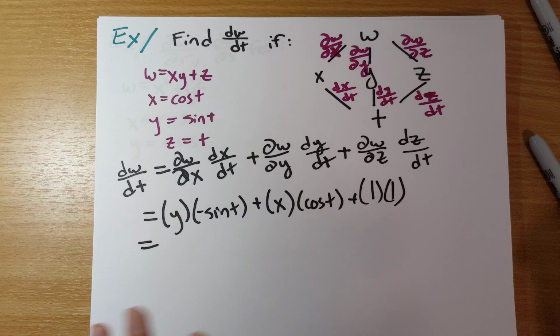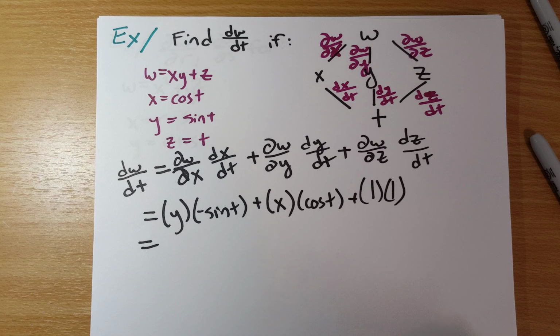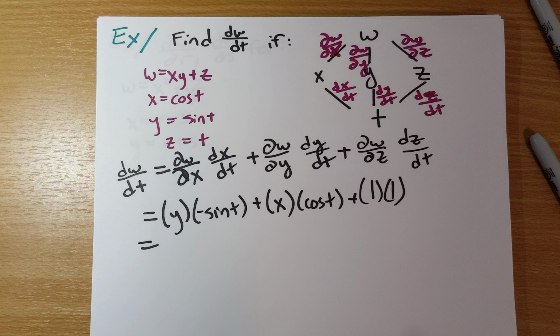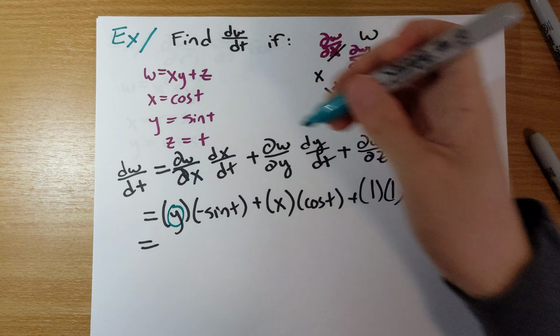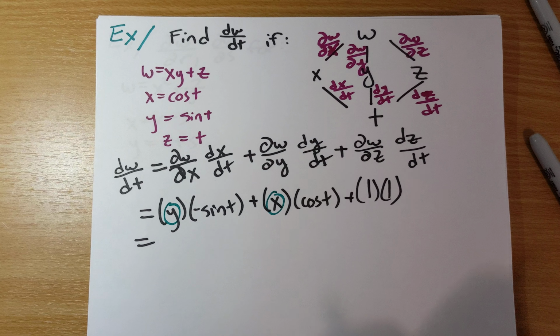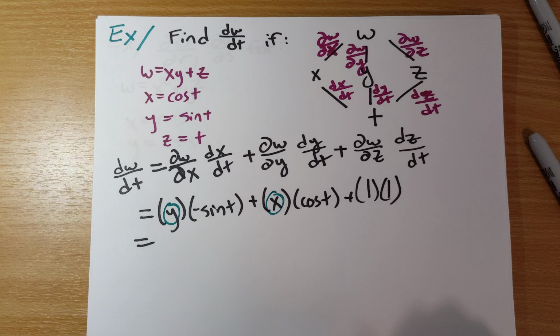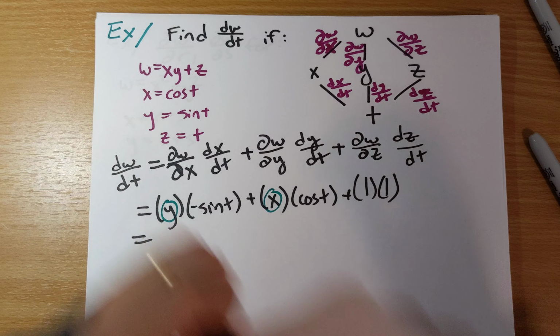Now, you might think that we're all done. We plopped in all the partial derivatives, but in general, in our final answers we want to get rid of the intermediate variables. We want to get rid of y and x there, because those are intermediate variables, and write everything in terms of the independent variables, in this case just t.